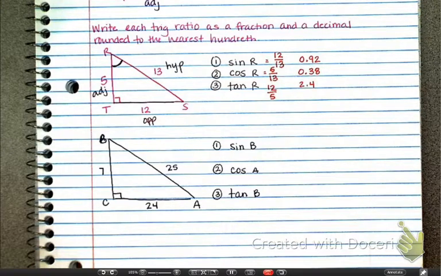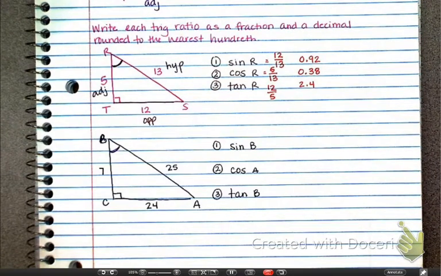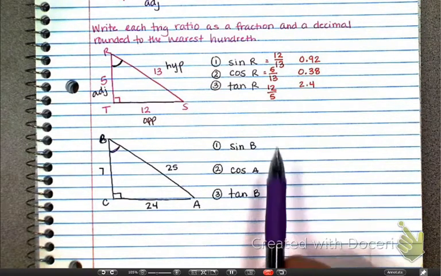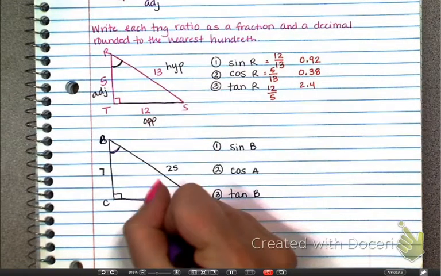What is my reference angle for number 1? B. So someone tell me what the opposite, adjacent, and hypotenuse are. Mackenzie. Before we do that, let's label the sides. So which side is opposite? What side is adjacent?